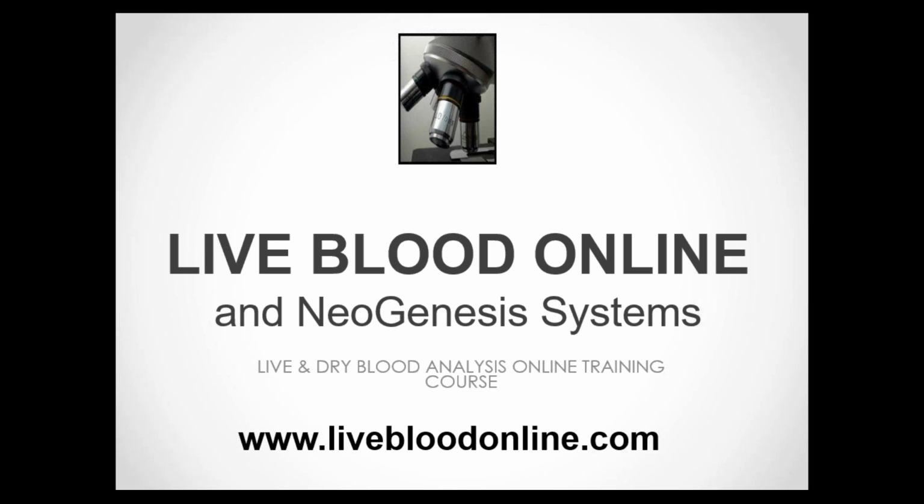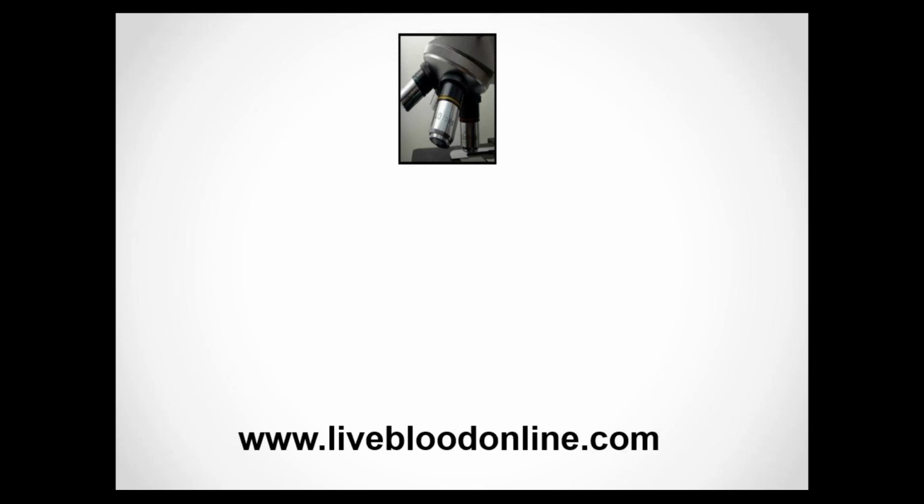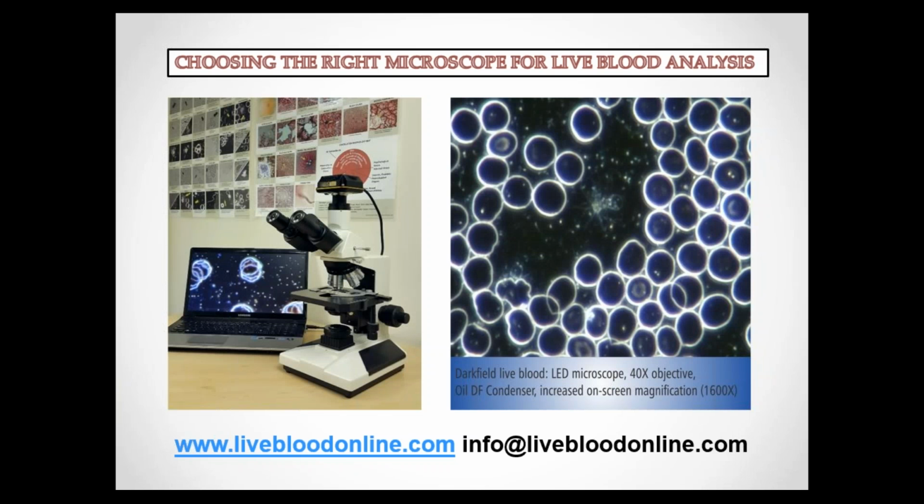Thank you, Elizabeth. Yes, they are lighting systems that are used in microscopy, and it's just the way that the light is transmitted through the sample. This all happens before the light actually gets into the blood sample, under the stage, usually by means of lenses called condensers.